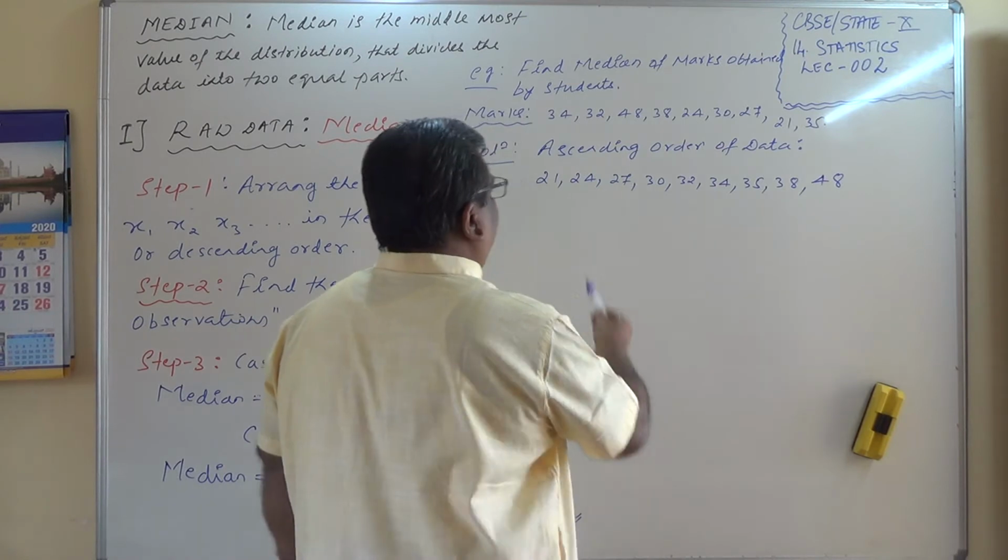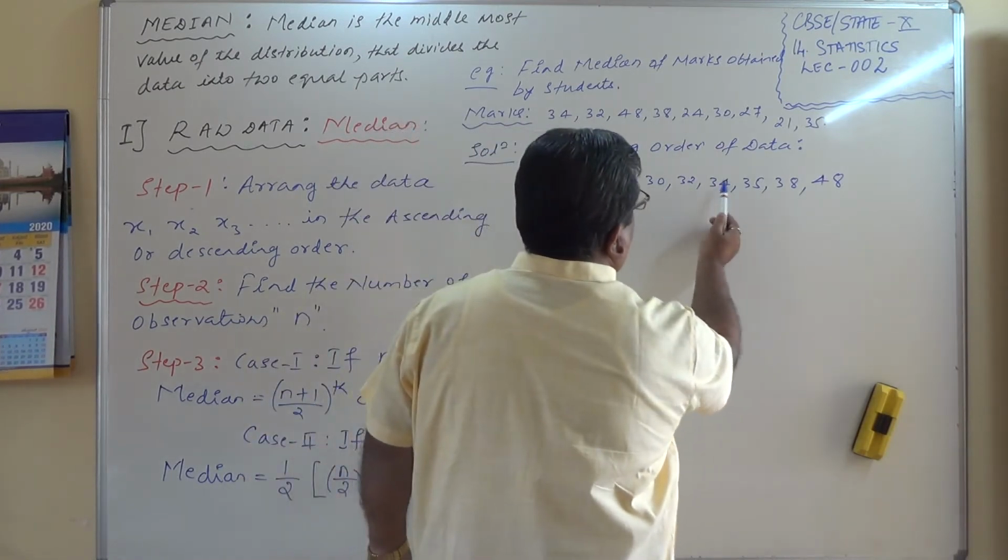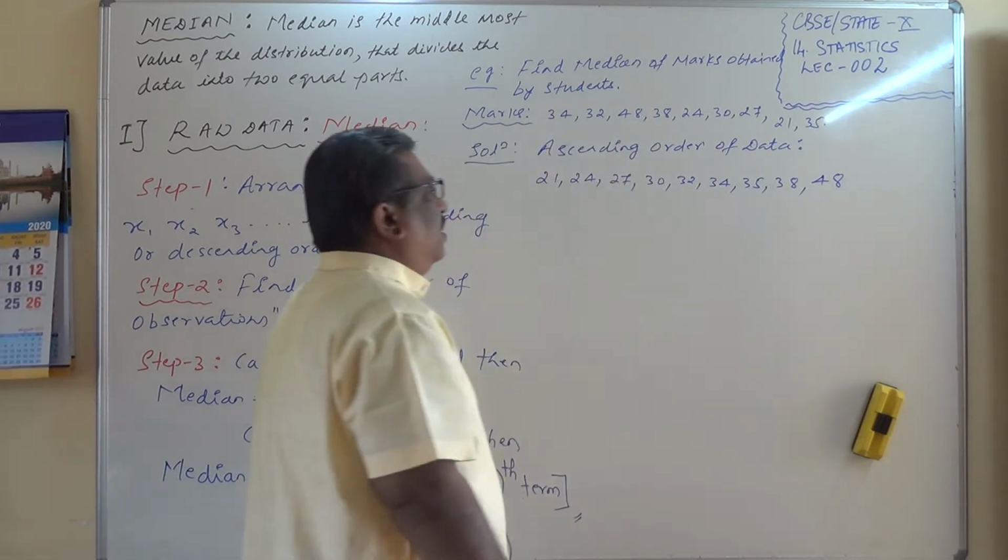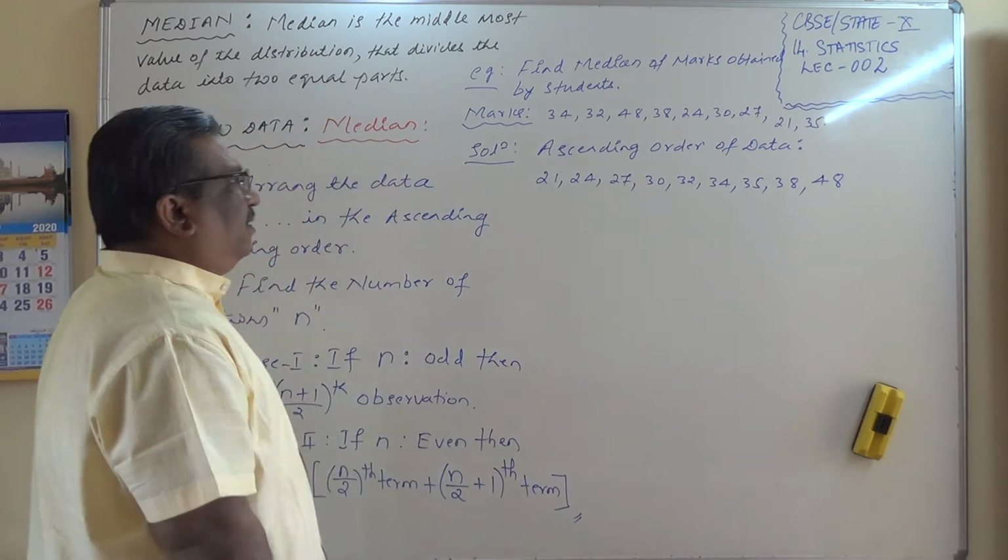Let me check the number of observations. 1, 2, 3, 4, 5, 6, 7, 8, 9. Exactly. So we have arranged the data in the ascending order.